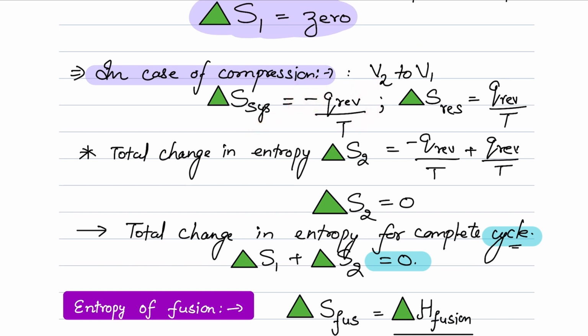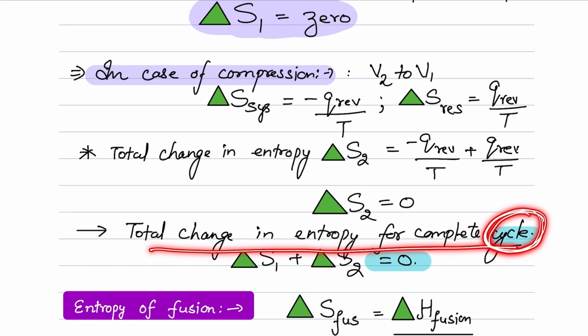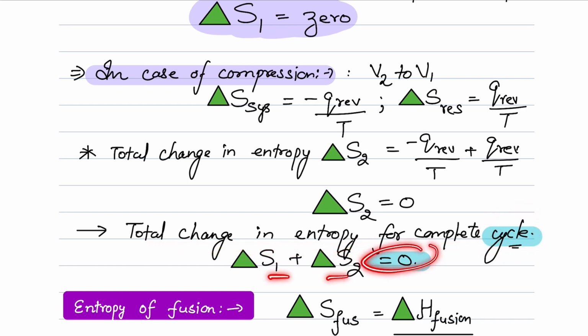So the system is minus Q reversible by T, but the reservoir will be gaining, so it is Q reversible by T. Total entropy change will be equal to again 0. Now if we calculate the total change in entropy for the complete cycle, delta S1 plus delta S2 comes out to be equal to 0. So it is a state function.